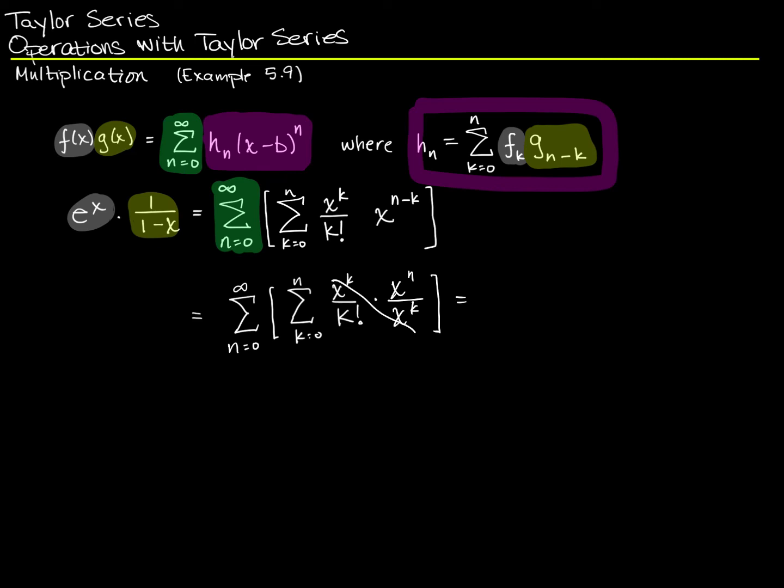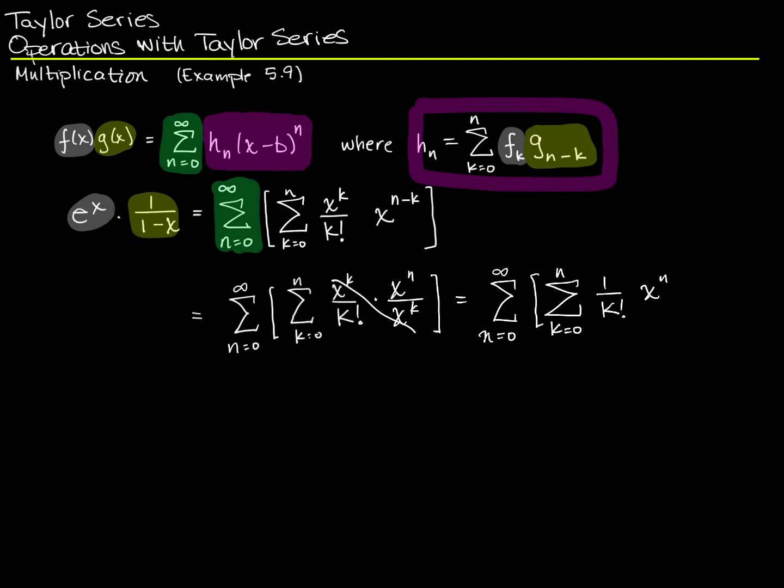So I end up with the sum of the sum of 1 over k factorial times x to the n.